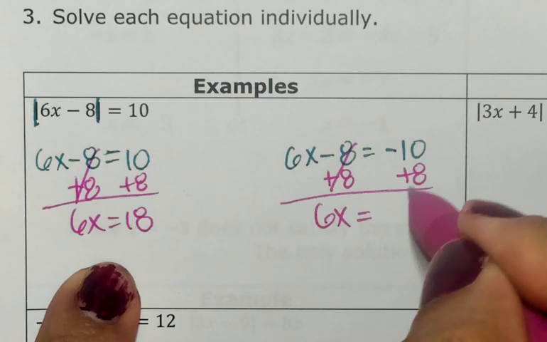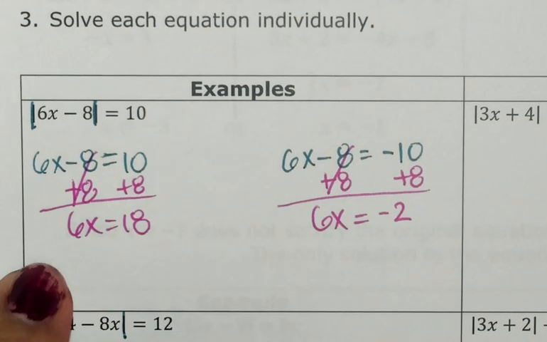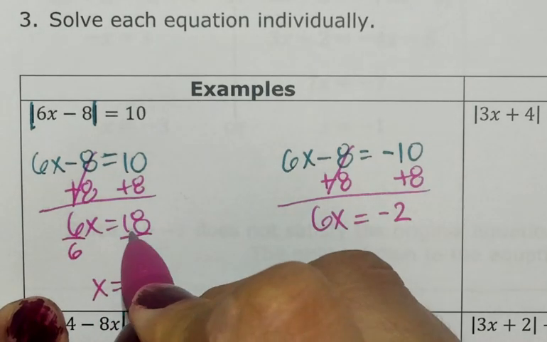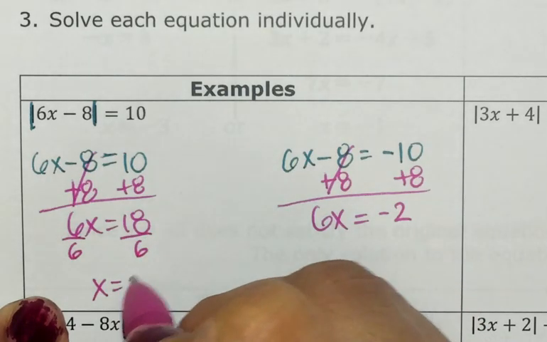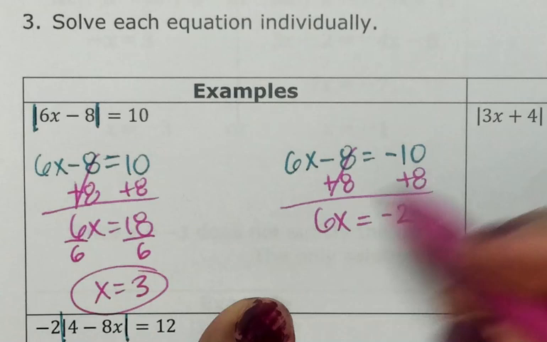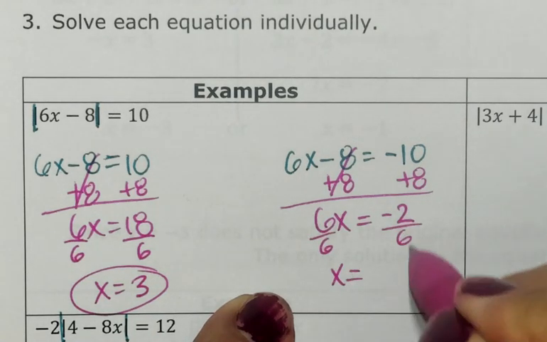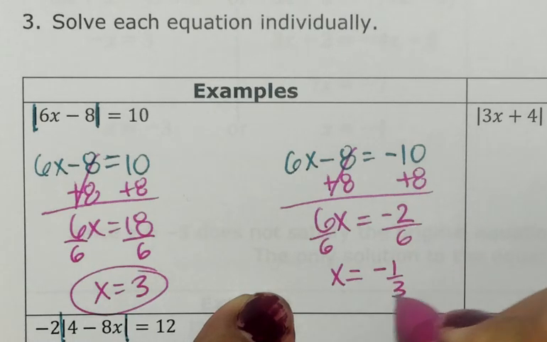So it's -10 plus 8, so that will result in -2. Then the last step here is to divide by 6. X will equal whatever 18 divided by 6 is, which is 3. And then over here, we're going to divide by 6. And on this side, we're going to end up with a fraction, because -2 divided by 6 is -1/3.